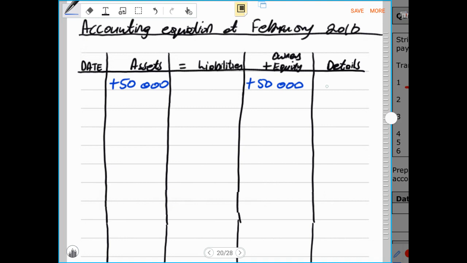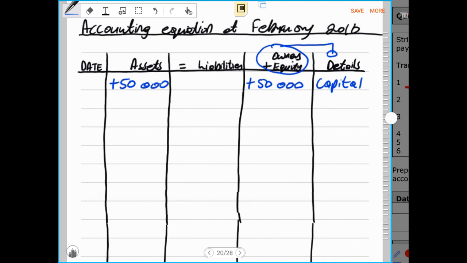And under details, you write capital that was contributed by the owner. It is very important to note that if an entry affects the owner's equity, you must always write the details. Why? I showed you before that under owner's equity, there are 4 elements that get recorded: we record income, expense, capital, and drawings.